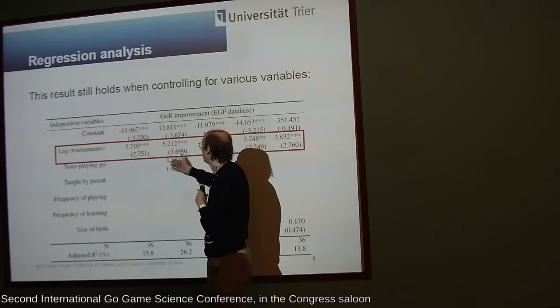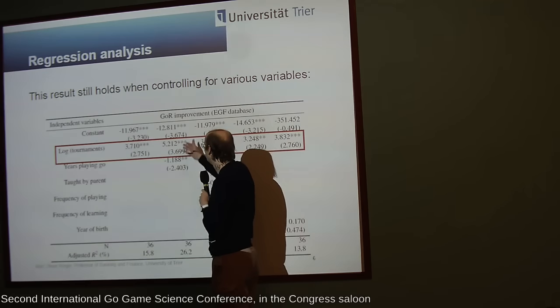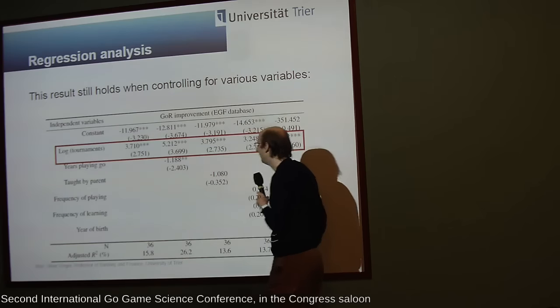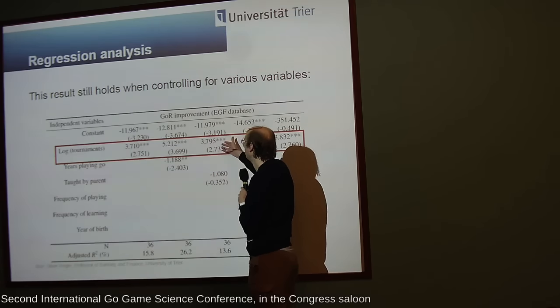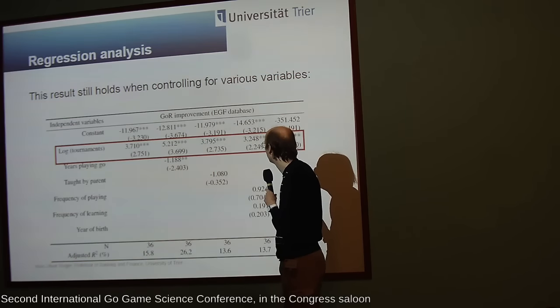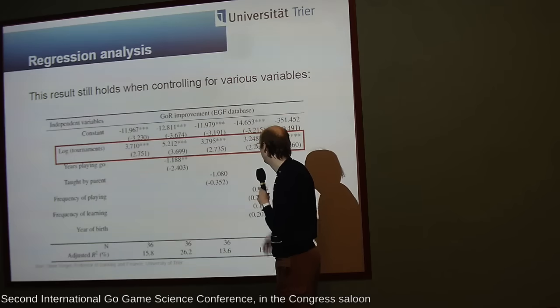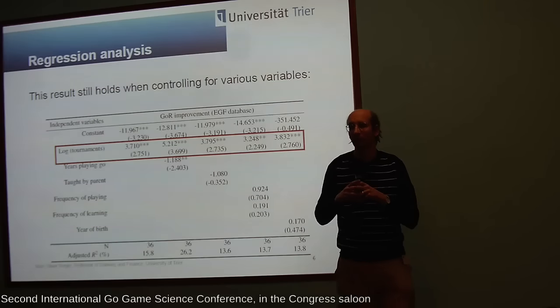So we found a significant effect there, but still, the number of tournaments stayed significant, even more so. When controlling for whether they had been taught by parents, the number of tournaments was still the significant decisive factor. Also when controlling for the frequency of playing and learning, or for the age, so year of birth.